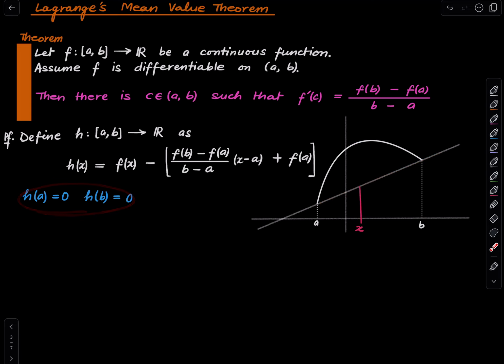Now since f is continuous in a comma b, so is h. F is differentiable in this interval, so is h. And now we can just apply Rolle's theorem to h.